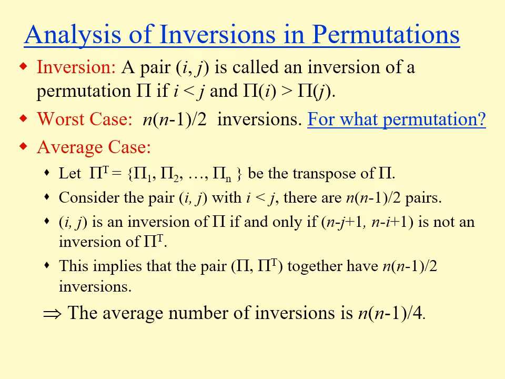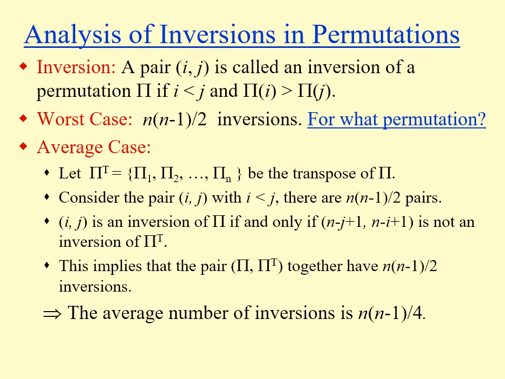Let's start with the first item. Let pi transpose equal pi n, ..., pi 2, pi 1 be the transpose of pi. Transpose means you totally reverse the permutation. For example, initially it's 1, 2, 3, 4, and when you do the transpose, you get 4, 3, 2, 1.